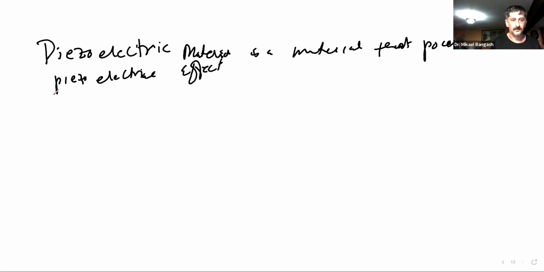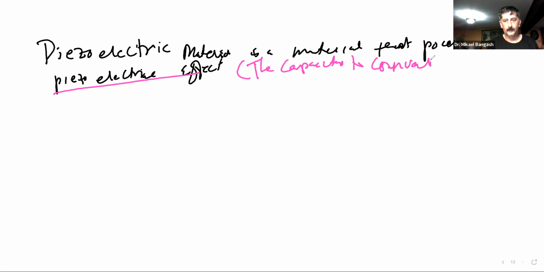And what would that piezoelectrical effect be? Like you said, that will be the capacity to convert one form of energy into another.